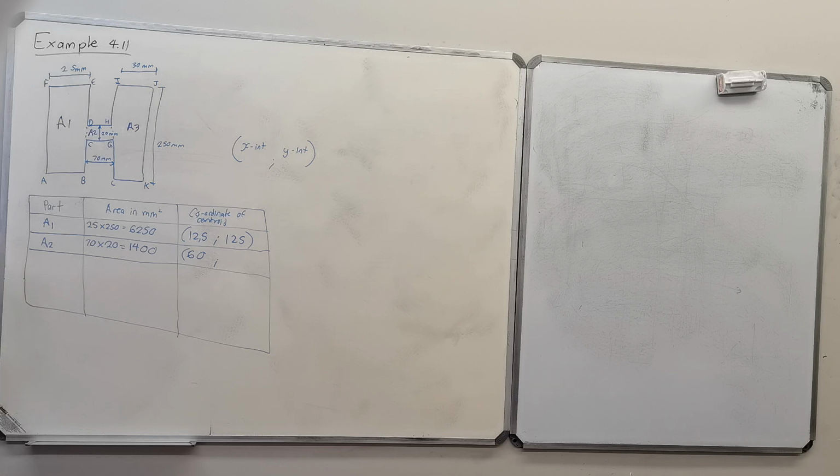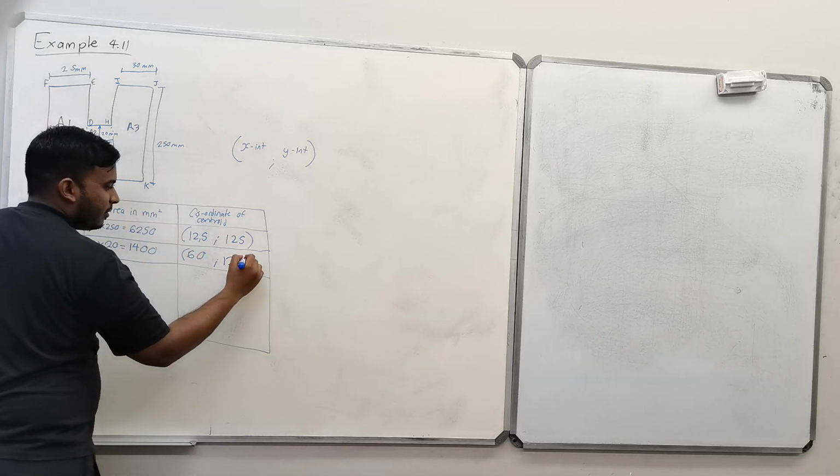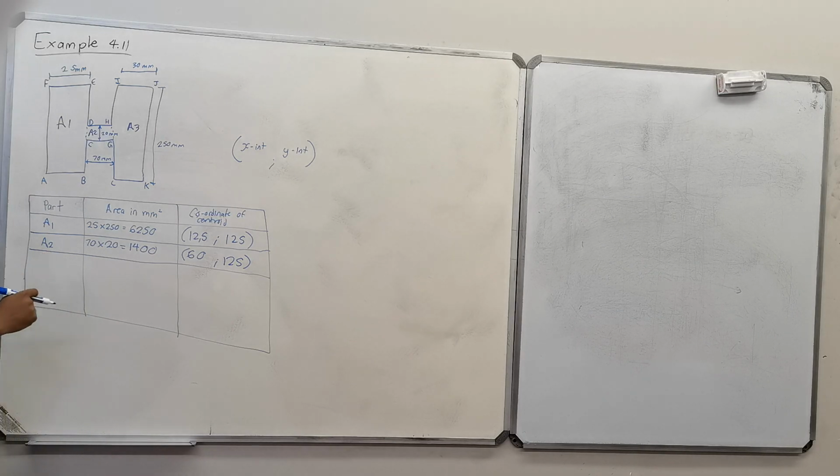They didn't give you that measurement, so you just assume that it's at the center. So its halfway point would be at 125. If you start from 0, its halfway point would be 125.